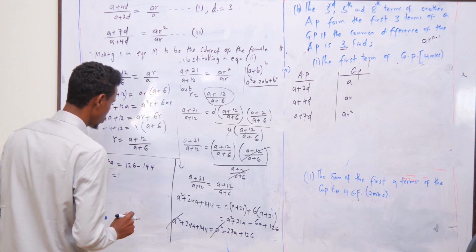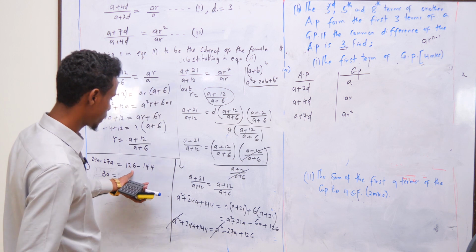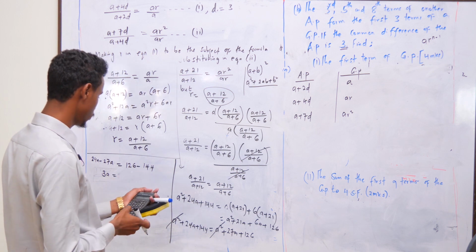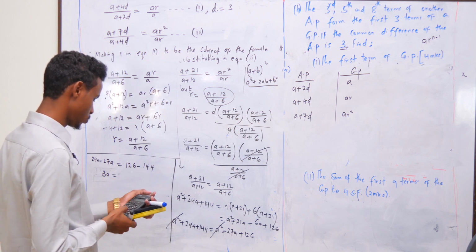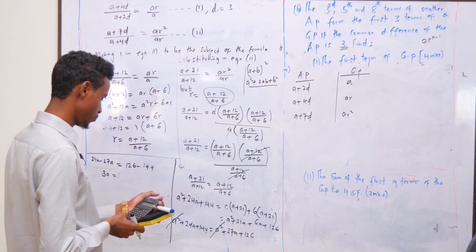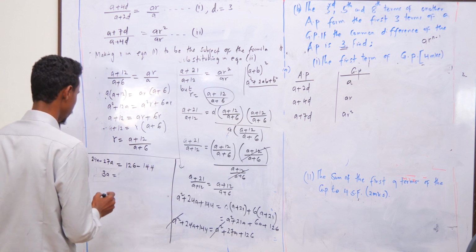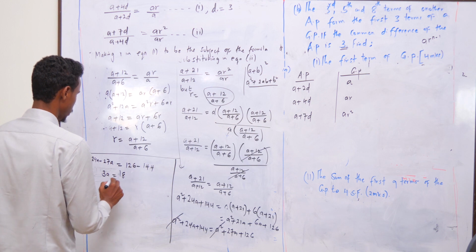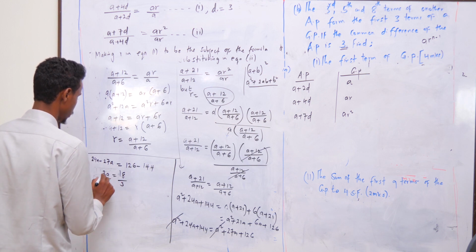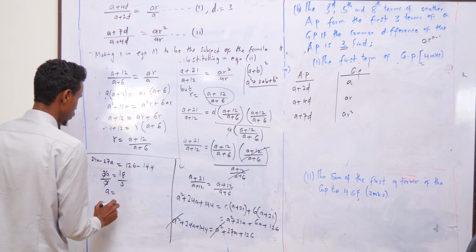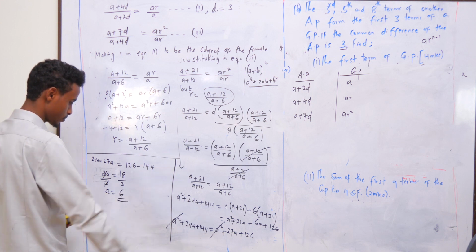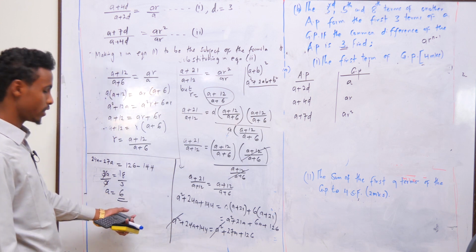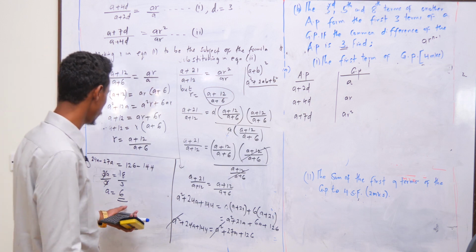So minus 3a is equal to 126 minus 144, which is minus 18. Now divided by 3, we can see a is equal to 6. Now we got our value of a as 6.